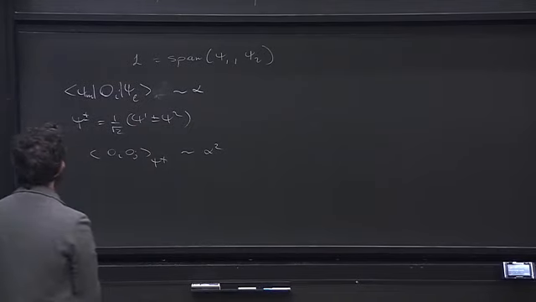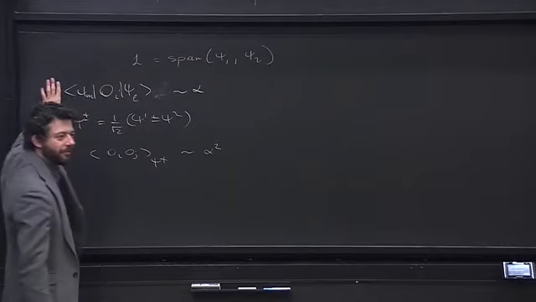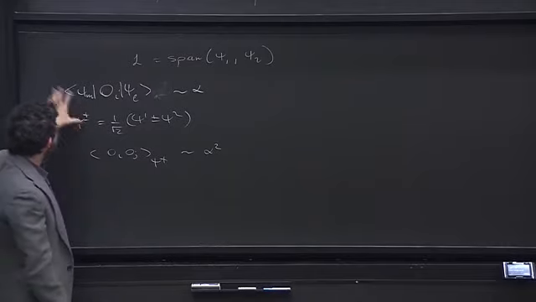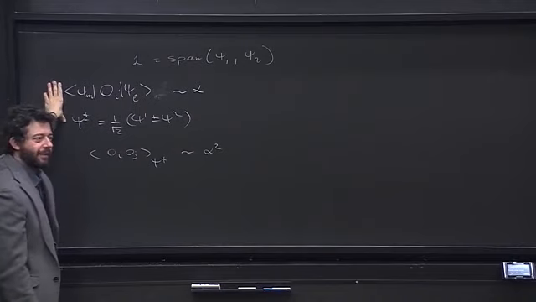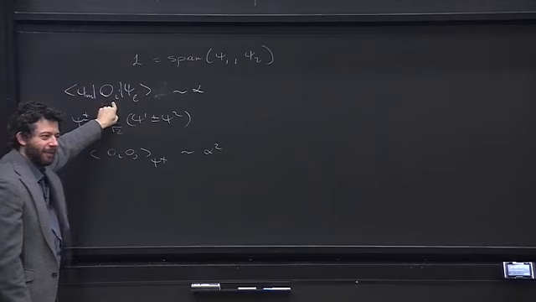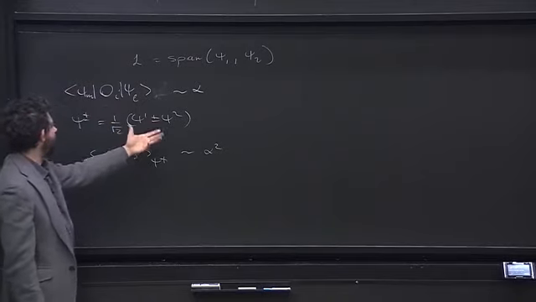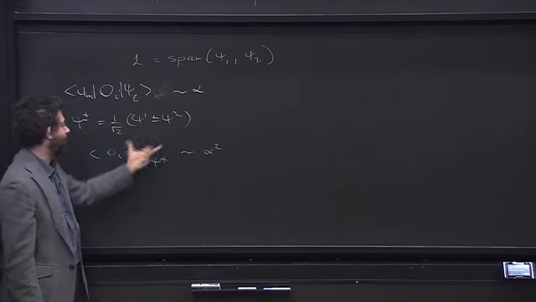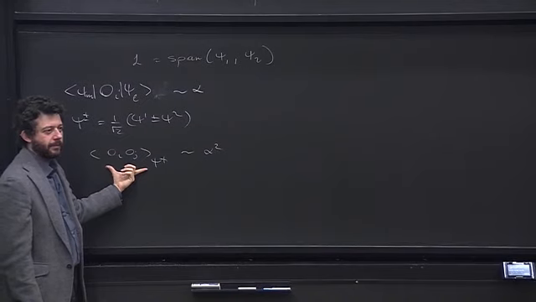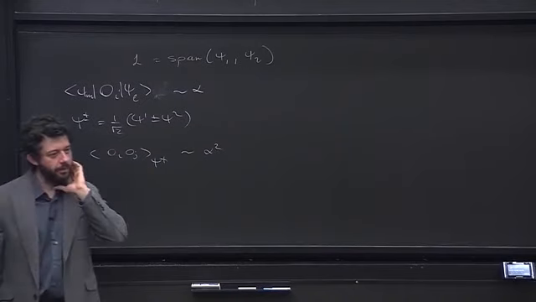It's a trivial consequence of these two facts. So you see, because there are two states that can be connected through a local operator, then at least that symmetric combination cannot have exponentially decaying correlation functions. Okay?